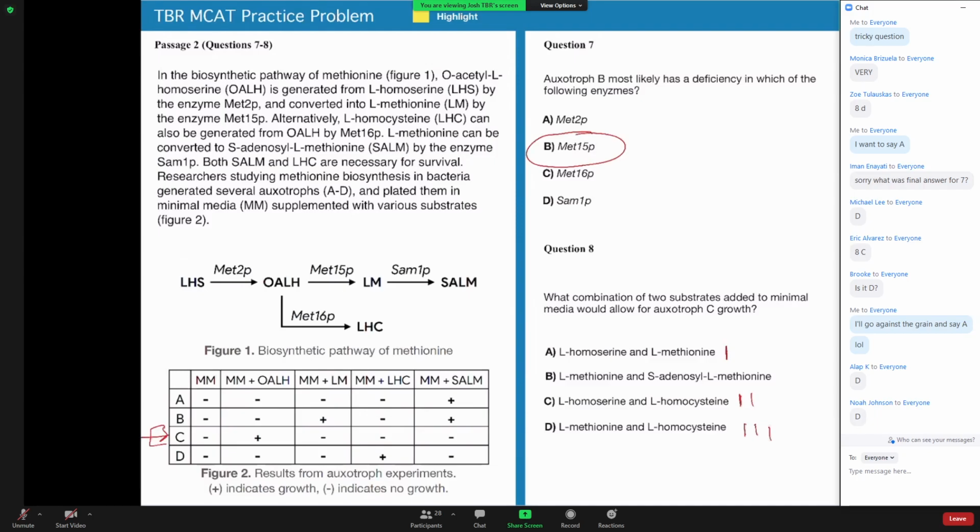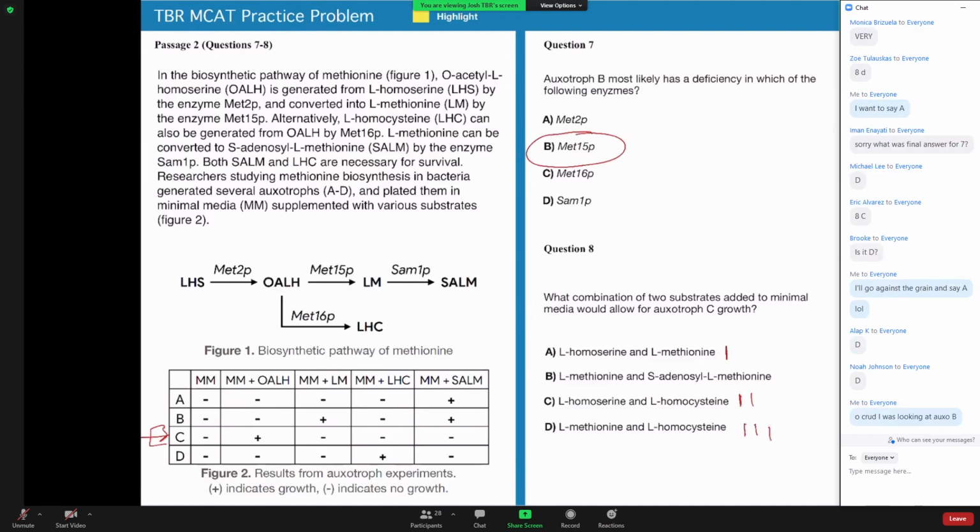So that's the only thing we care about here, right? And we have to find out which one of these, just like we did for question 7, isn't working, right? You can go through the same logic and find out which of these has a quote unquote deficiency. If C can grow on minimal media plus OA LH, then it's MET2 that's deficient.